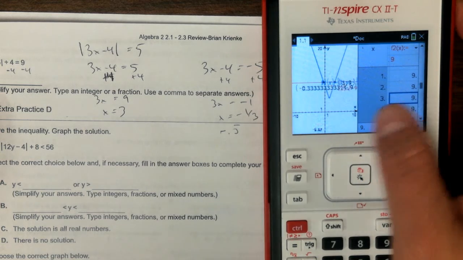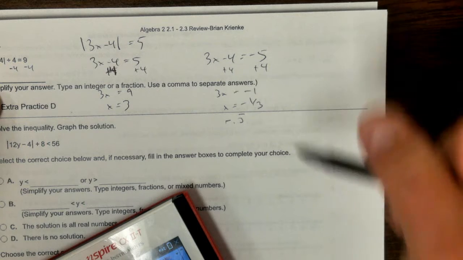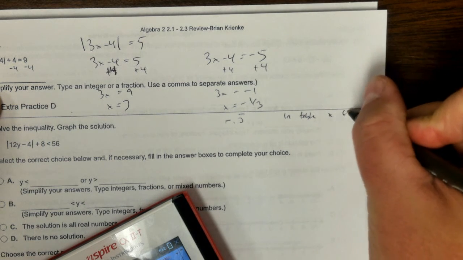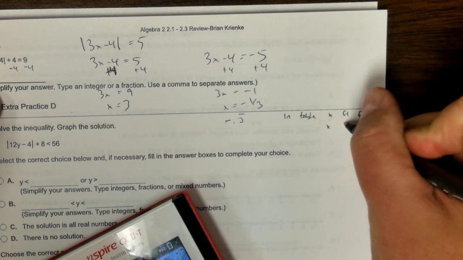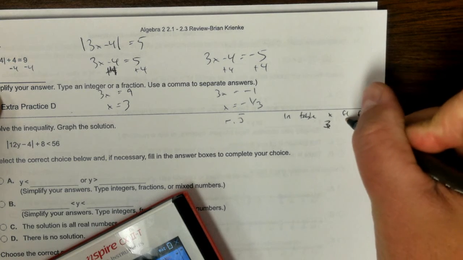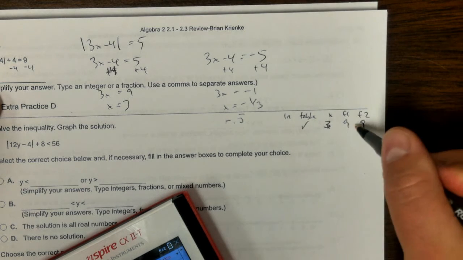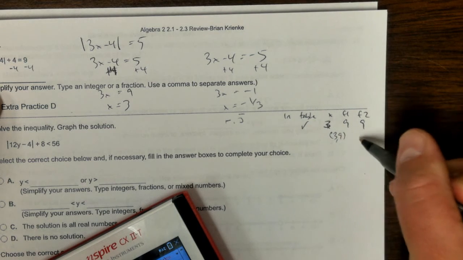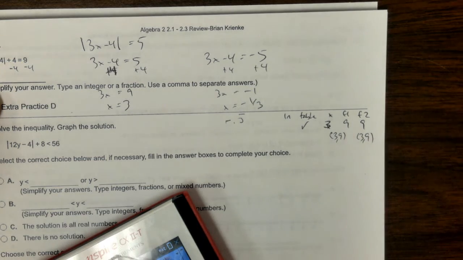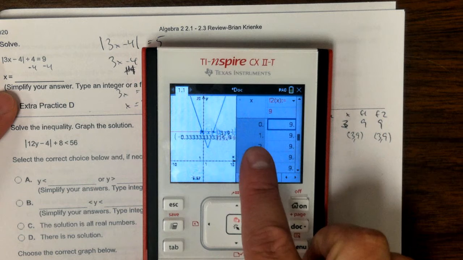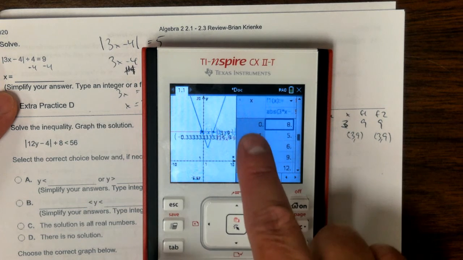So the 9s matched in the table. X, function 1, function 2, 3, 9, 9. Which is good, because that means 3, 9 for both ordered pairs. However, 1/3 is not in here. It goes from 0 to 1.